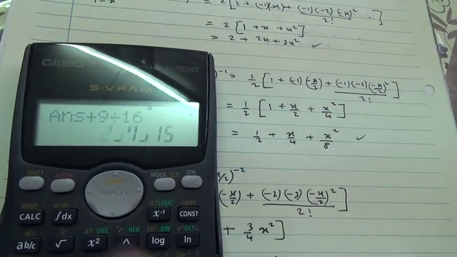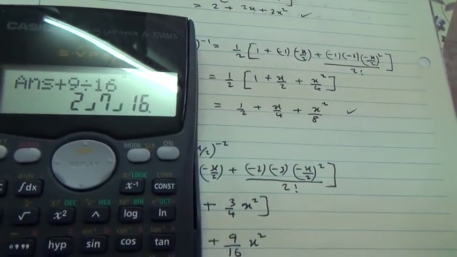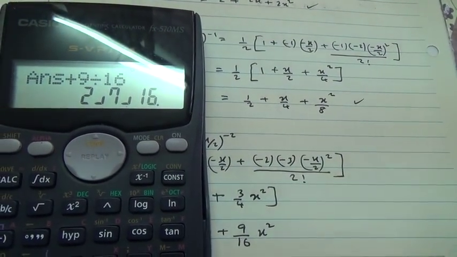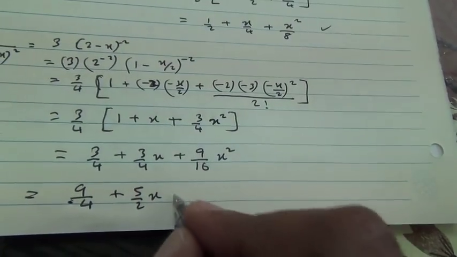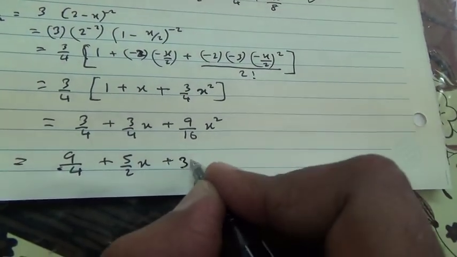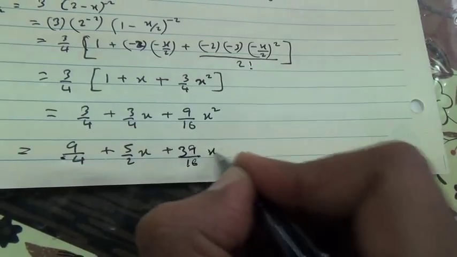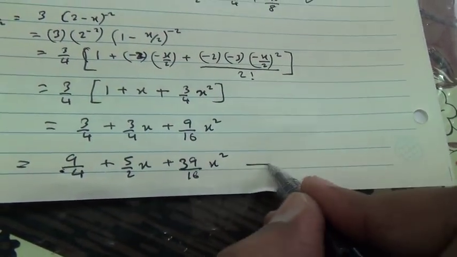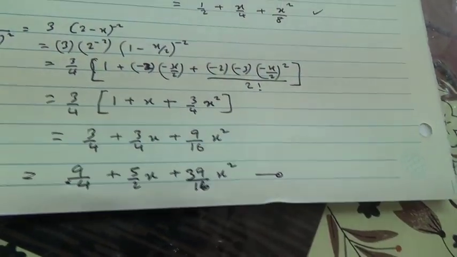And that's going to give us 2 7/16. 2 times 16 is 32 plus 7 is 39, so that's 39 over 16. Therefore we have it as 39 over 16 x squared. And here's the answer. 10 marks for you.